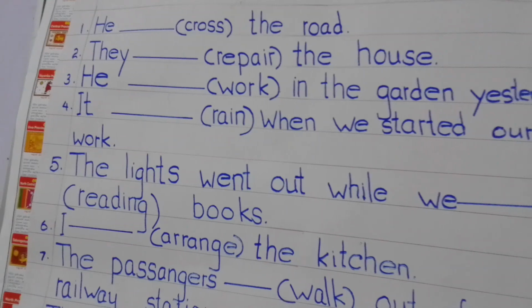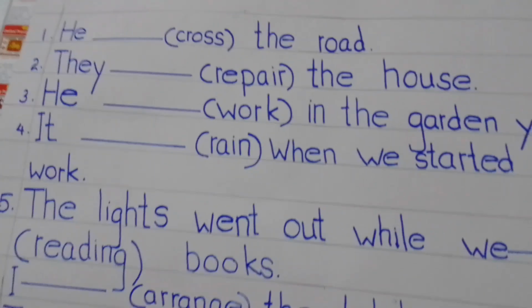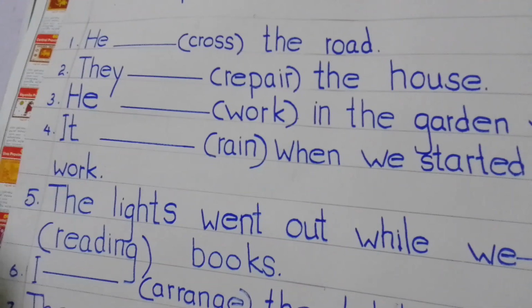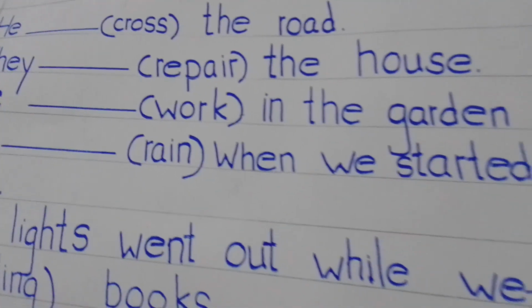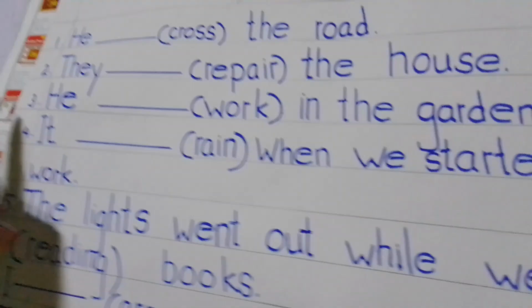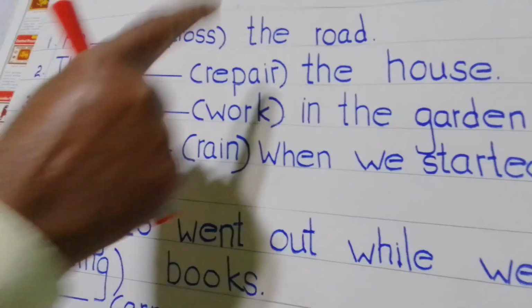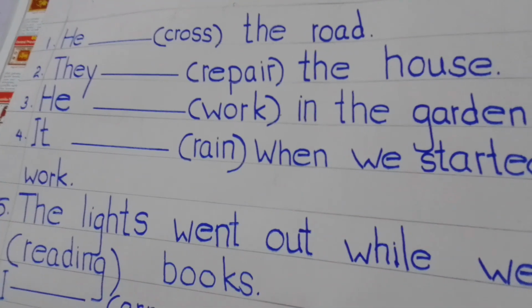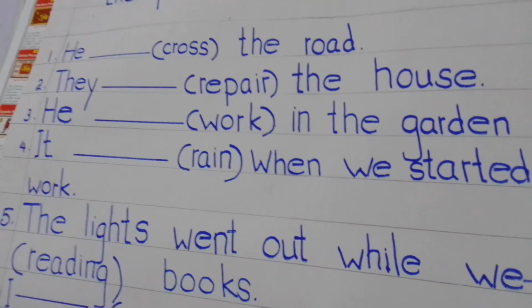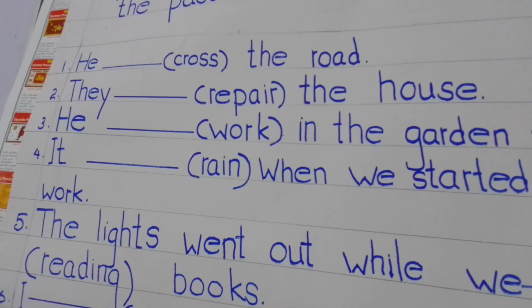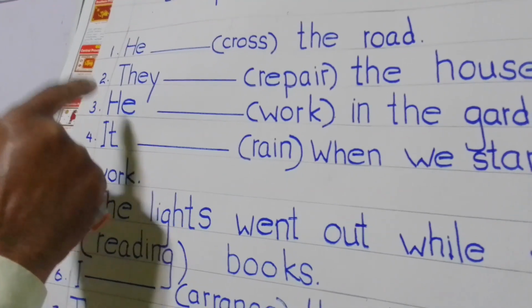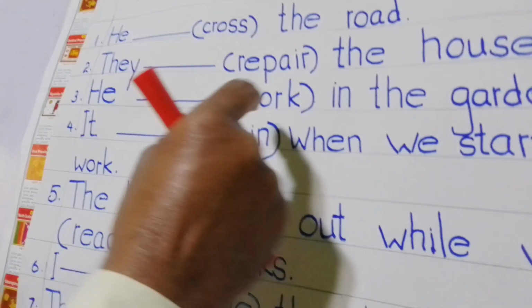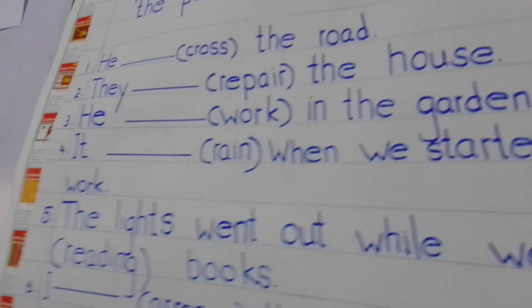Okay, students. Next, we'll move on to the second one. They. The subject is they. It is plural. Therefore, you have to use the auxiliary verb were. They were. The verb is given within brackets as prepare. We have to write the verb with ing. They were preparing the house. Okay, students.